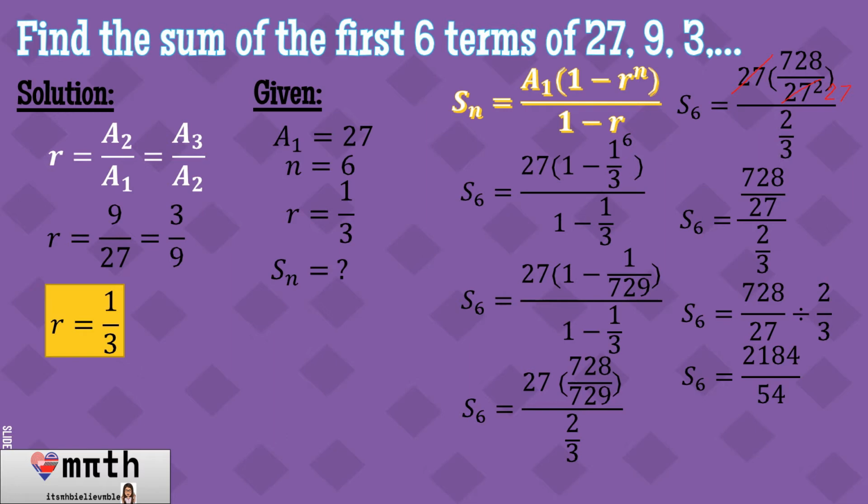And the lowest term for that is 364 over 9. And if we want to solve it for its decimal form, that would be 40.44. So the sum of the first 6 terms of 27, 9, and 3 is either 40.44 or 364 over 9.